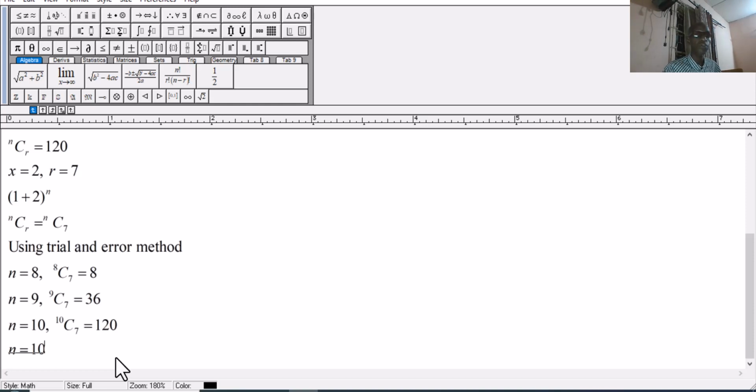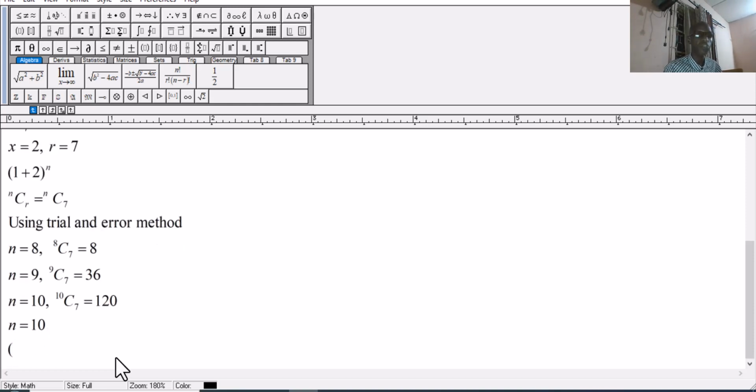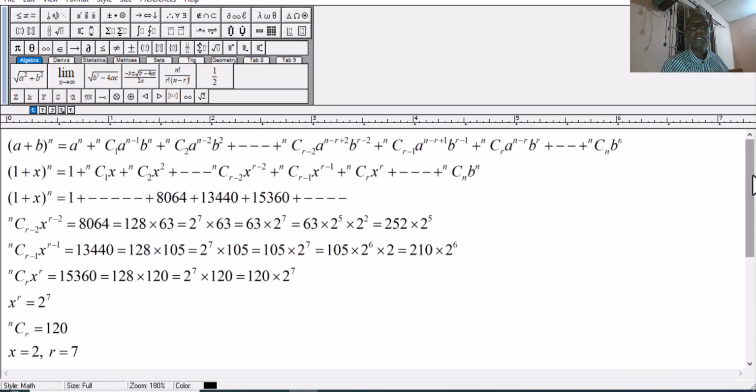So the solution to the question is 1 plus 2 raised to the power of 10. So you can try to do the expansion and put those values inside. Let's imagine that this is what we are given.